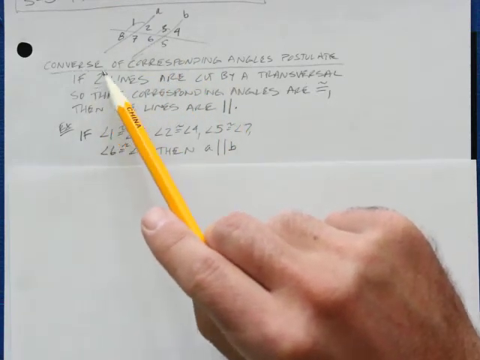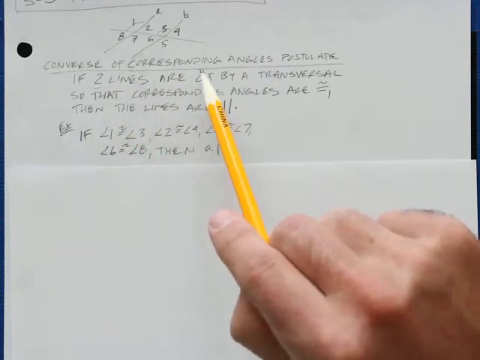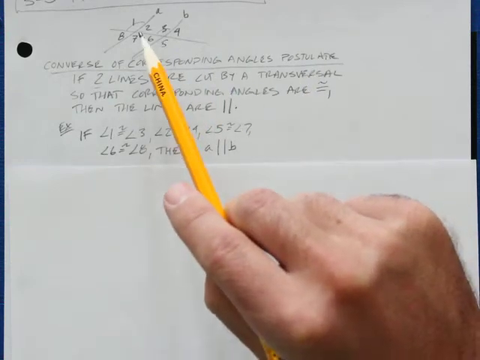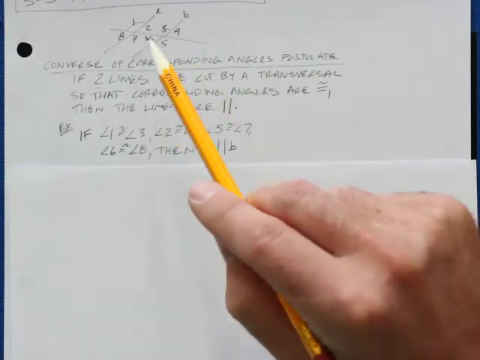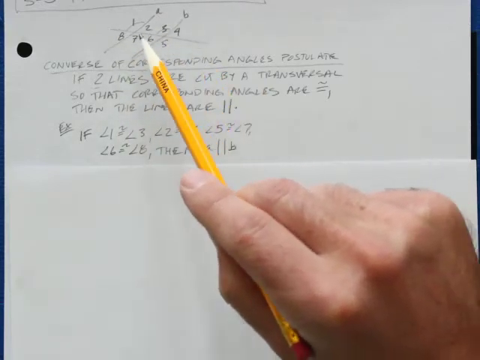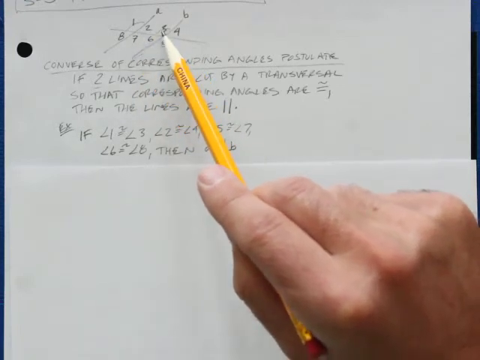So the reason this is the converse of the corresponding angles postulate, remember we talked about the corresponding angles postulate a couple lessons ago. The corresponding angles postulate said if the lines are cut by a transversal, then the corresponding angles are congruent.